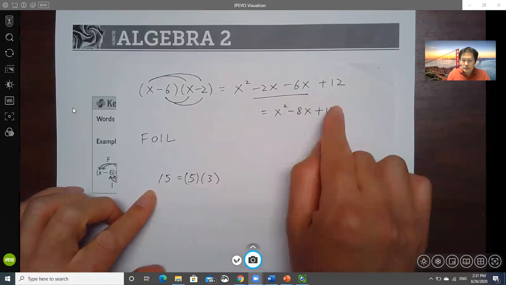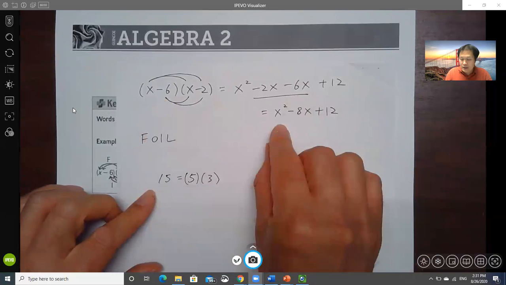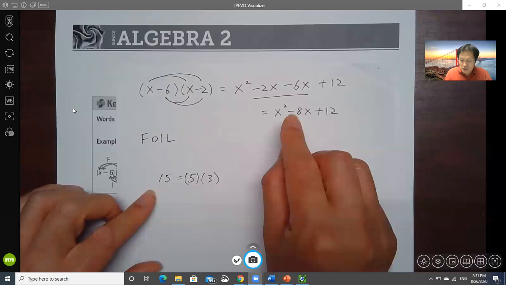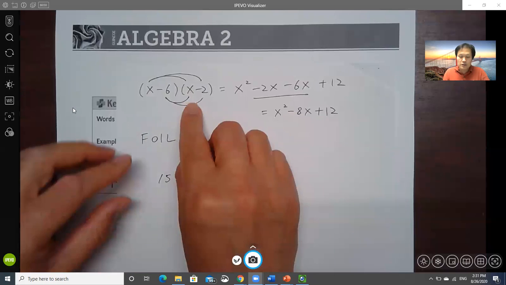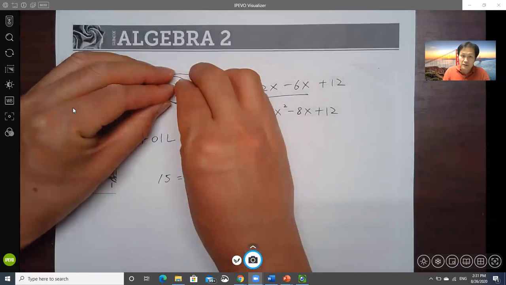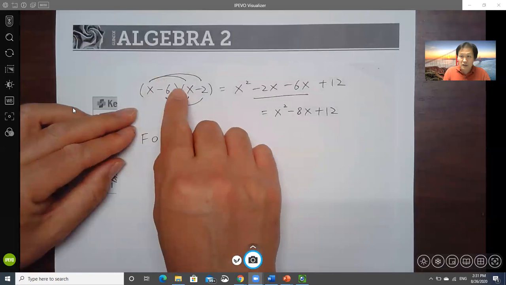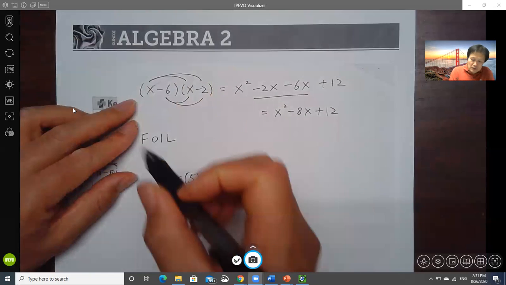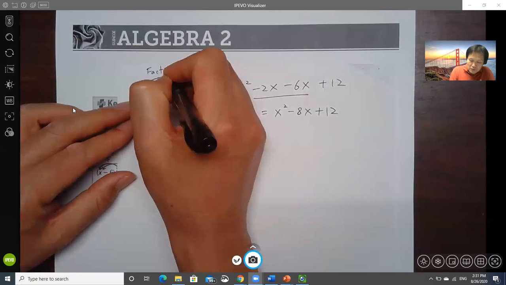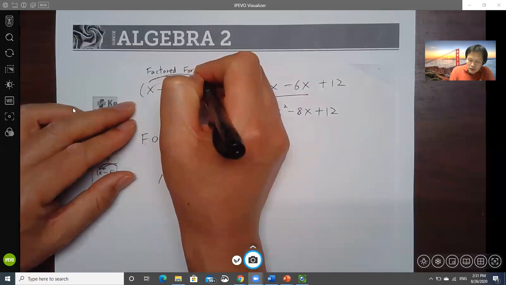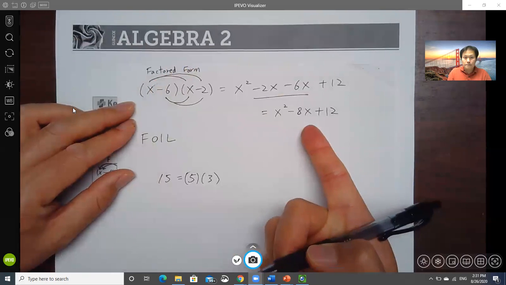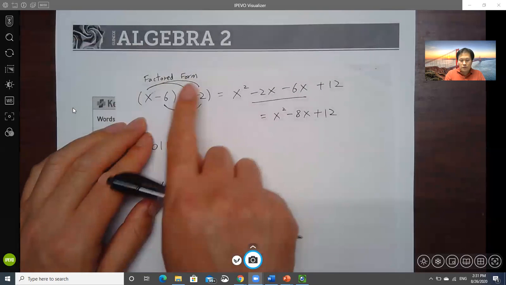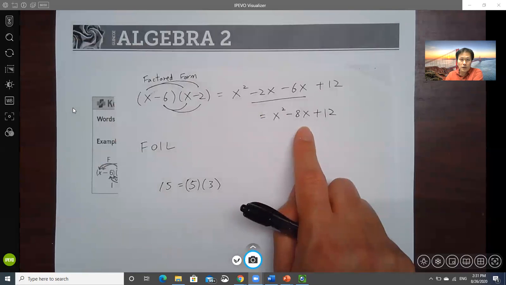This is equal to this, but that is this minus this plus 12. That's a subtraction or the addition. This is a parenthesis times a parenthesis, a product of parentheses. So that's a factored form. Okay, so this form we call a factored form. That will be standard form. So distributing factored form gives this standard form.